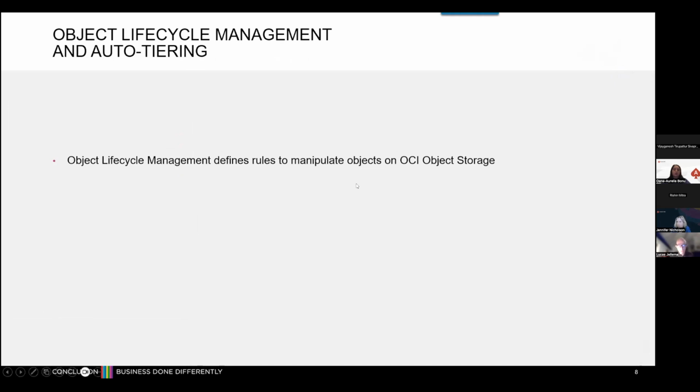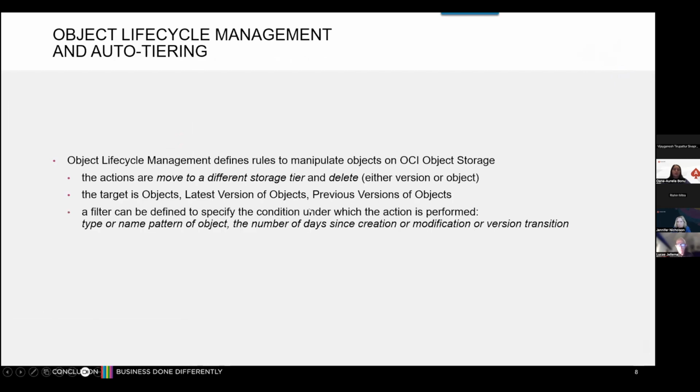And they can be manipulated really in 2 ways. Either they are moved to a different storage tier, typically to a cheaper one, so from standard to infrequently accessed or from standard to archive, or objects can be deleted altogether. Specific versions of objects or the object entirely.